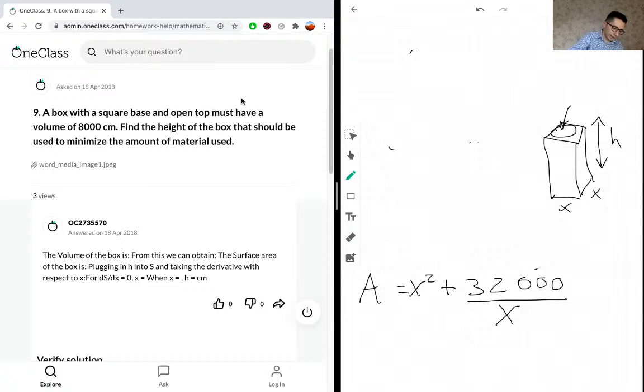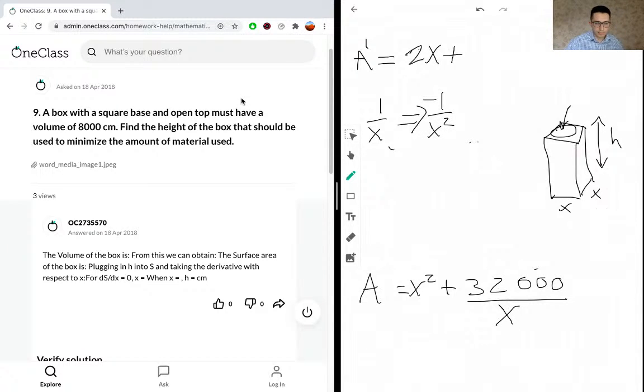So the derivative of a is equal to, so x squared, the derivative of x squared is just 2x plus the derivative of 32,000 divided by x. So to look at this, the derivative of 1 over x is equal to negative 1 over x squared.